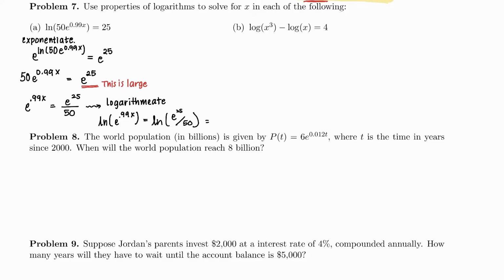I should get 0.99x is equal to the natural log of e to the 25th over 50. To solve for x, we'll divide both sides by 0.99. And when we put this into our calculator, we should get x is 21.3.